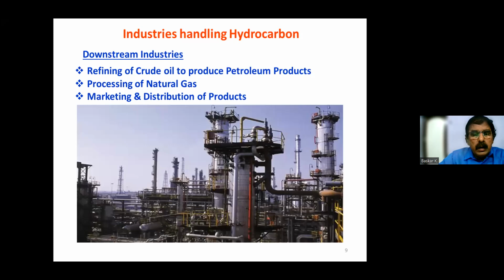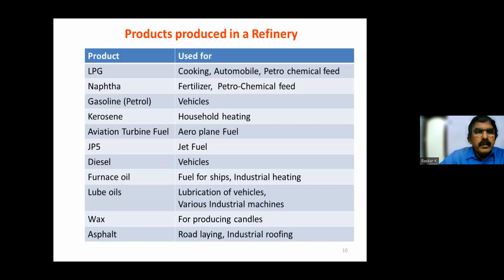You can see the huge refinery complex. It's almost just 10% of the entire complex, where you have a lot of pipes, towers, reactors, furnace, etc. And in the refinery, we produce the following products. First one is LPG, which is used for cooking, automobile, petrochemical feed, and then naphtha for fertilizer and petrochemical feed again.